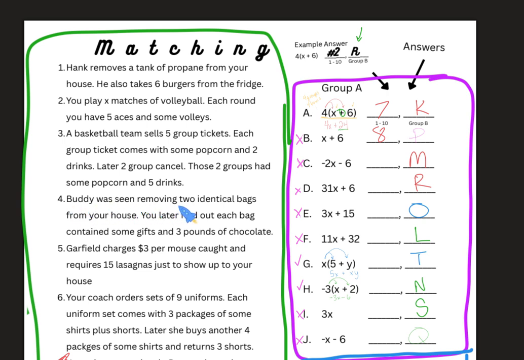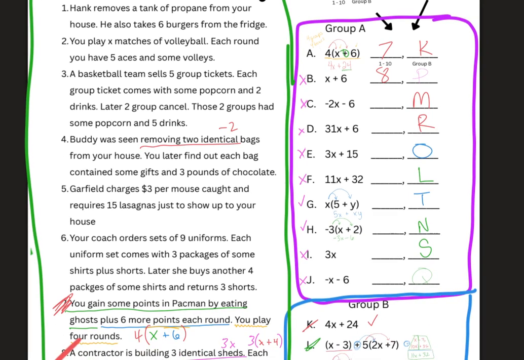Buddy is seen removing 2 identical bags from your house. That is removing, that's minus 2. And you later find out that each bag contained some gifts and 3 pounds of chocolate. That's this one. We put a 4 right there. We cross off number 4. And we go to this one.